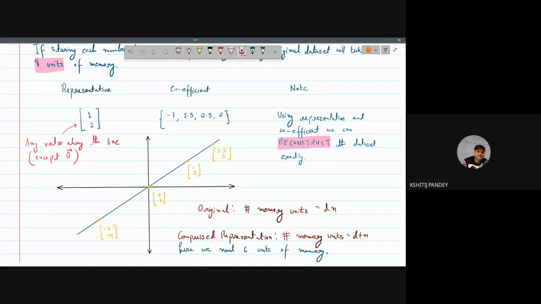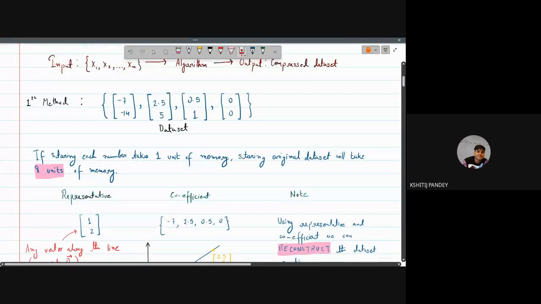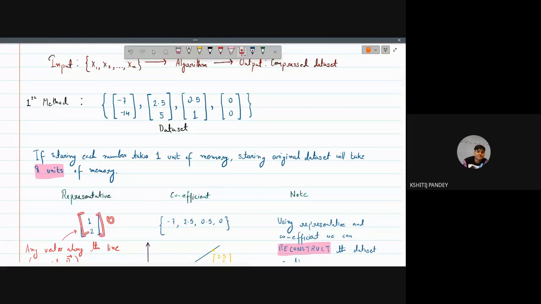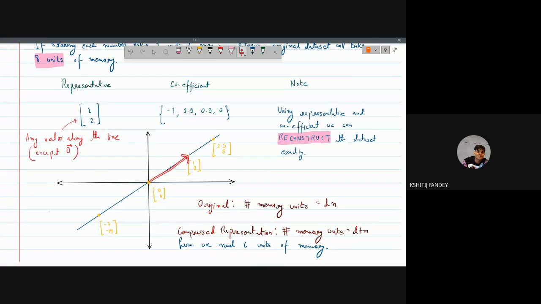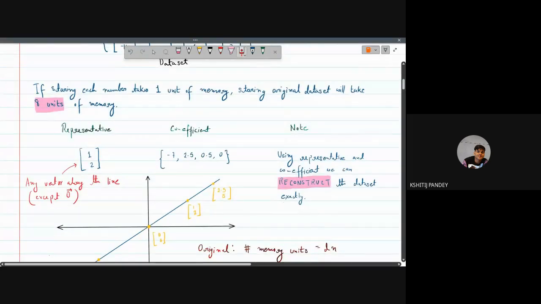If you multiply this representative vector with some scalar, you can get back to each point: some scalar for this, a different one for this, and so on. These are called coefficients. So if we have taken this vector as the representative, these are the coefficients to get back to the original data set.